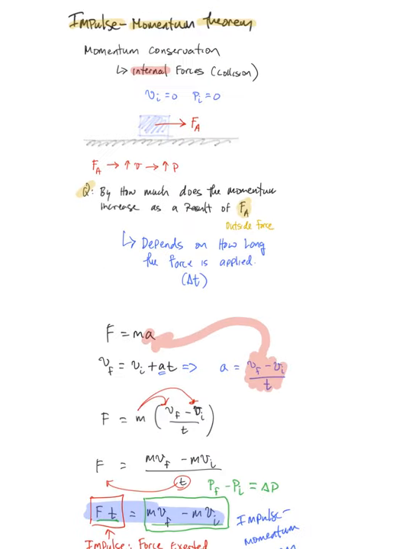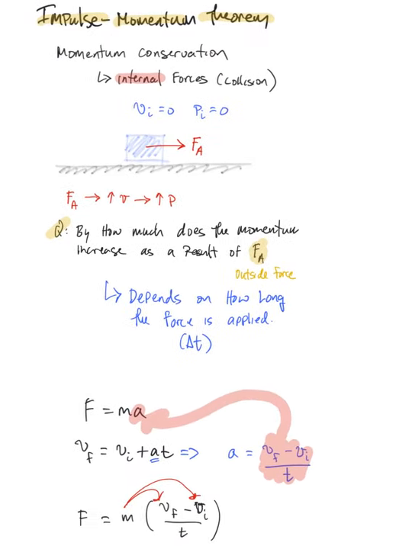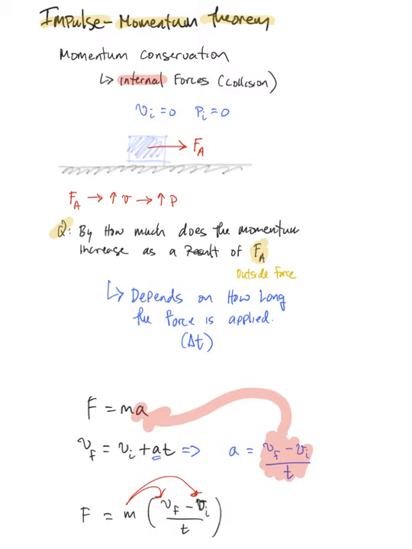So maybe coming back up to this thing here, if I knew that this force was applied over a time, let's say this force is applied for some time, we'll call it delta t, then I could solve this question of how much the momentum increases.